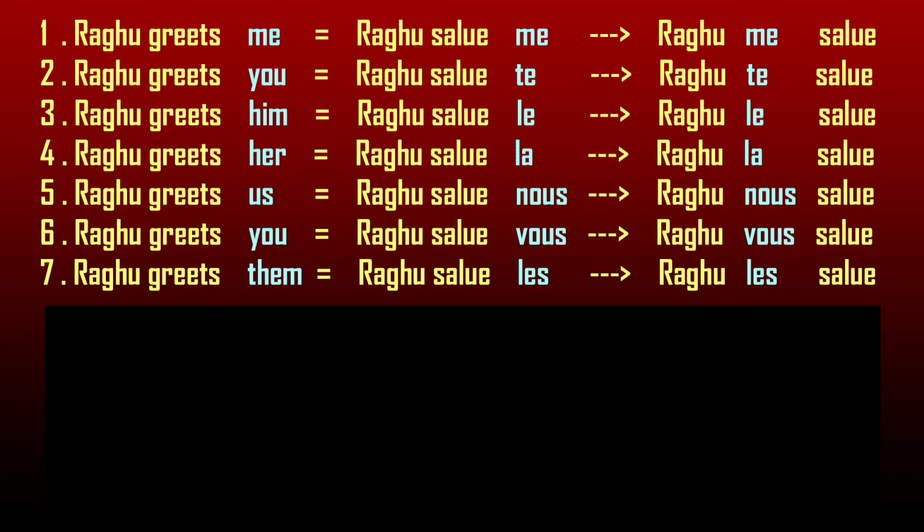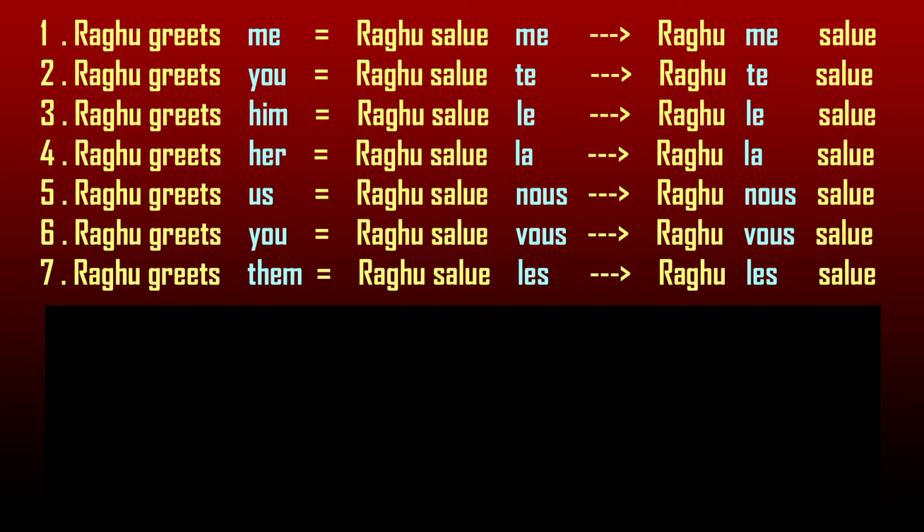On the screen, we have some sentences with direct object pronouns in English that are translated into French. Number 1, Raghu greets me. Raghu greets whom? Raghu greets me. Me is the direct object. How will it be translated in French? Raghu salue me.